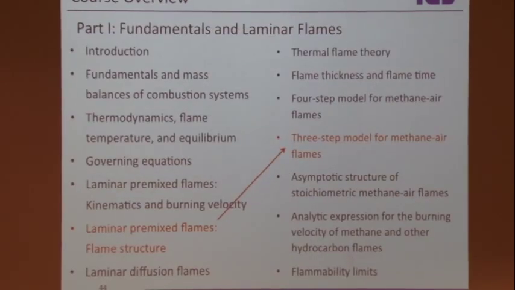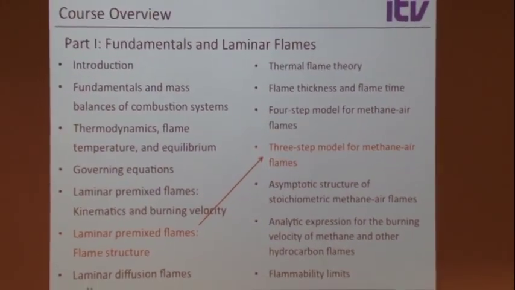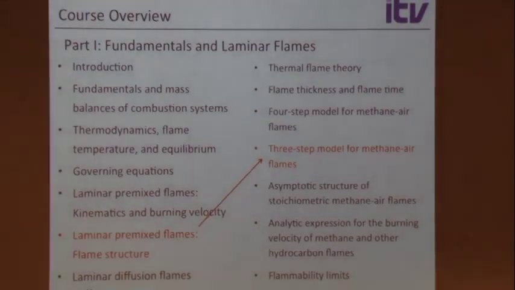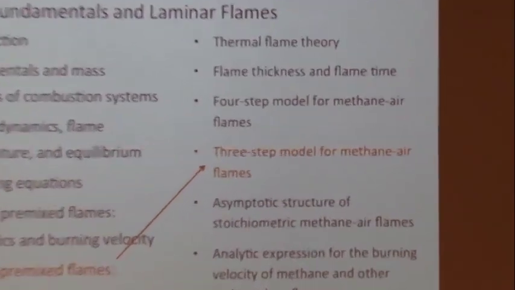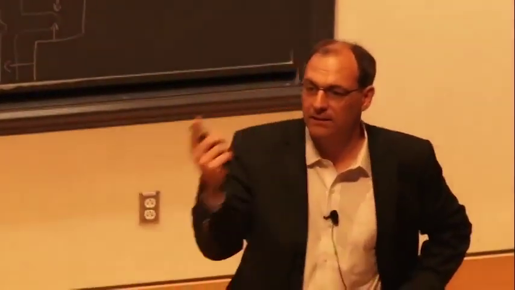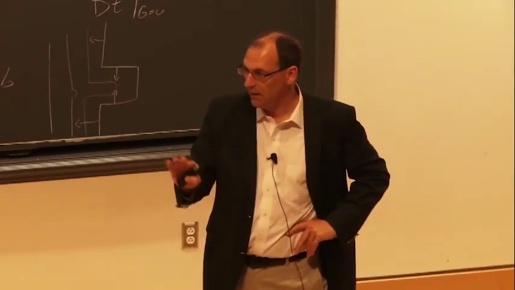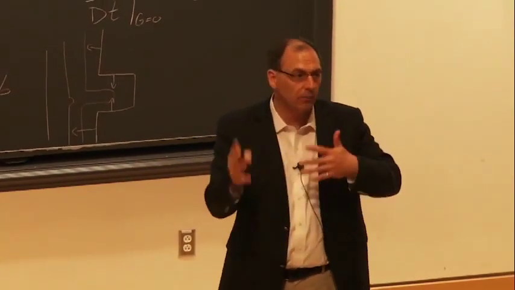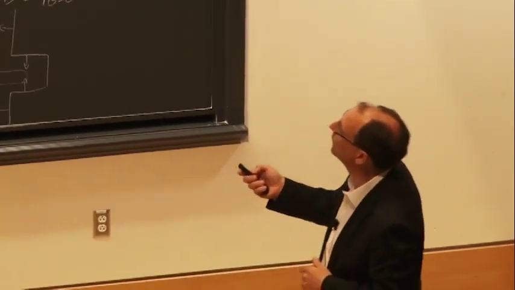So this is the 4-step mechanism, and it taught us all these things that we just discussed. We want to reduce this further into a 3-step mechanism. The way we do this is we set the H radical to steady state. Why? Because we will get an algebraic relation for H, and that would tell us something about what happens with the H radical. That's the only reason why we do it.